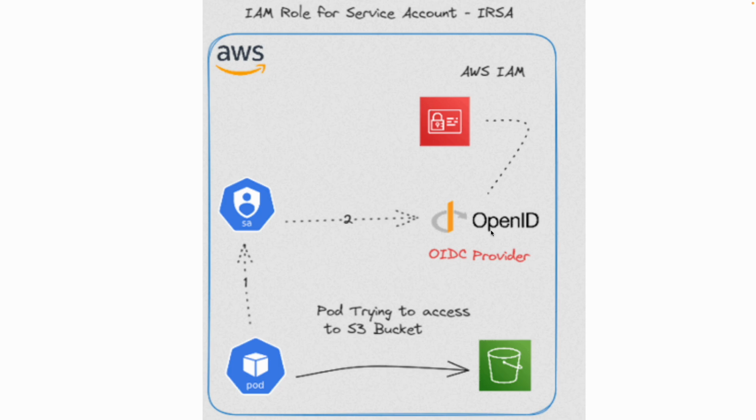Then that OIDC will be associated with our service account and we will be using an AWS IAM role, by which my AWS IAM role plus OIDC will help my service account to establish a trust relationship between our cluster and the AWS cloud. And after the trust relationship is established, then whatever resources the pod asks for in the AWS cloud could be easily accessed.